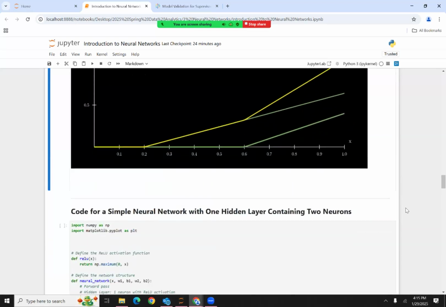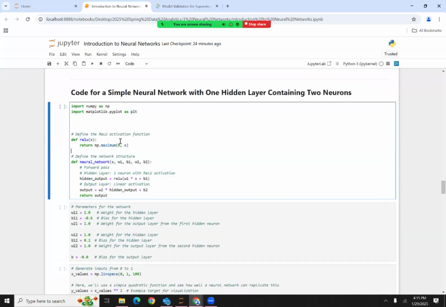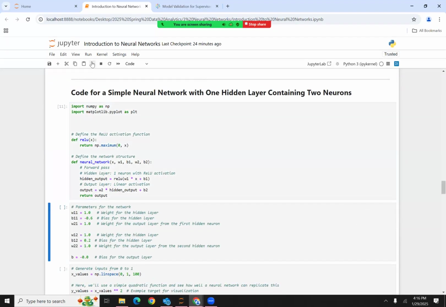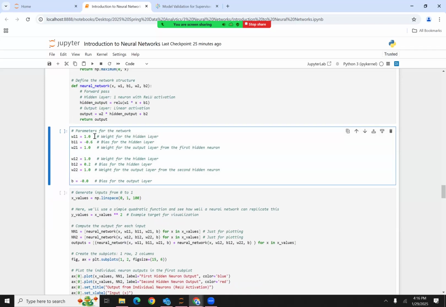Let's see this in action using Python. So I have the same ReLU function. I have the same neural network, which takes in the same arguments. And I'm going to specify some weights going into the hidden neuron 1. I'm going to specify some weights coming from the first hidden neuron to the output.